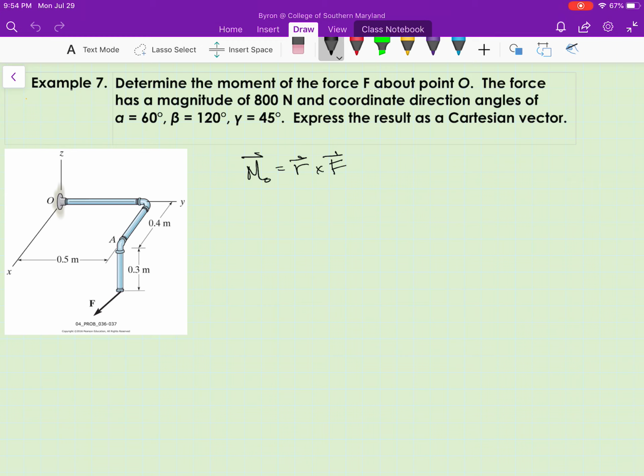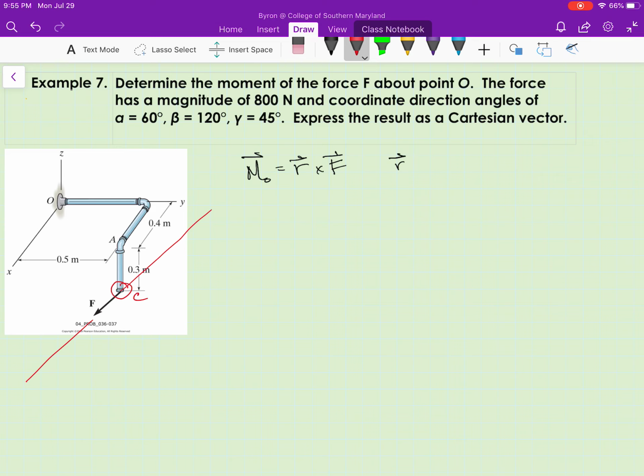So let's focus on r first. Here's the line of action of F. The only point on F that we know anything about is right here at the end of the pipe assembly where F is applied.